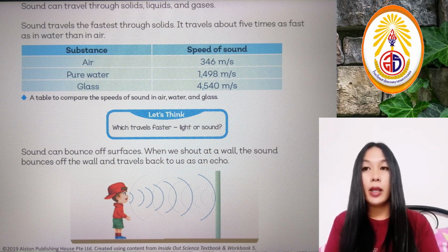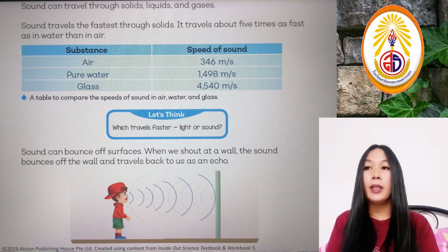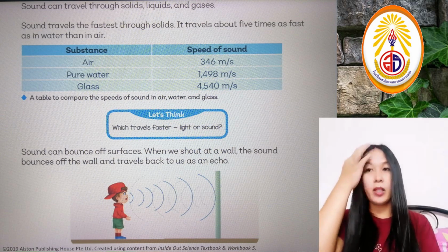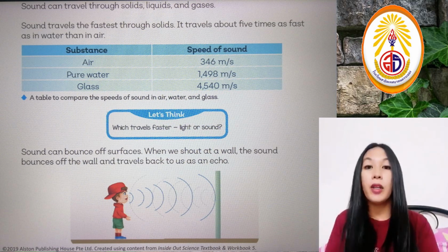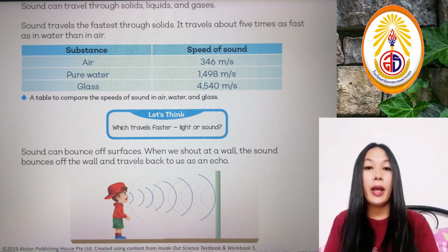In pure water, it can travel about 1,498 meters per second, while in glass, it can travel about 4,540 meters per second. This is the speed of sound in different mediums. So it travels the fastest in a solid medium, next would be in liquid or pure water, and air is the slowest.